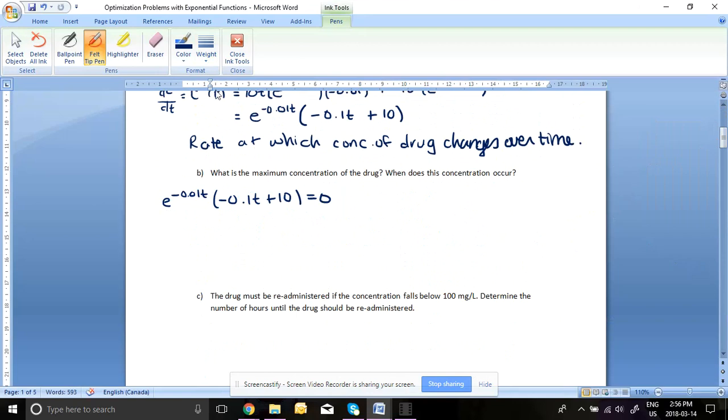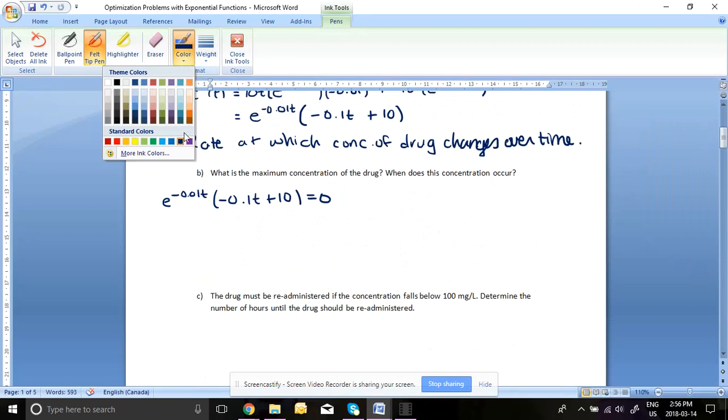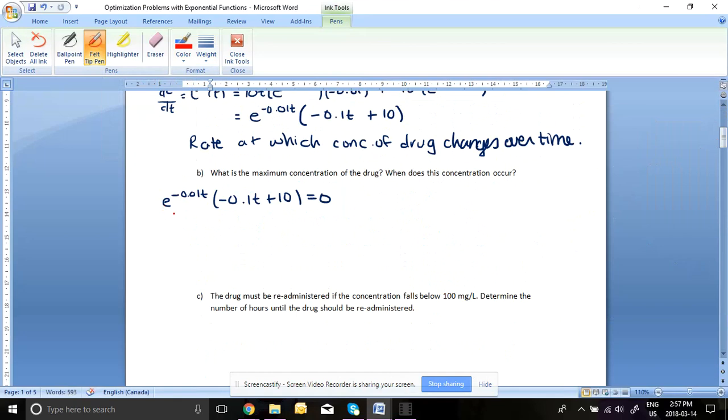Think about this as either this equals 0, or this equals 0. This has no solution, because the factor on the left is an exponential function, so it has a horizontal asymptote at 0 and never equals 0.